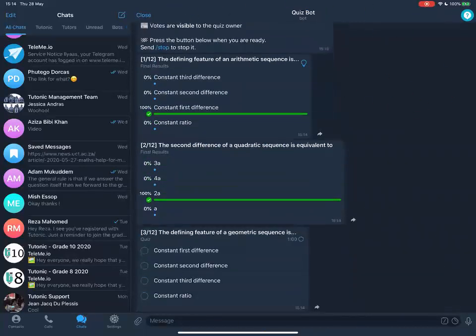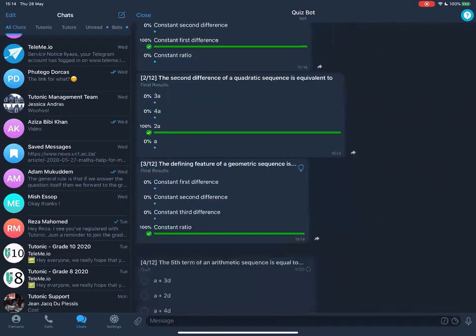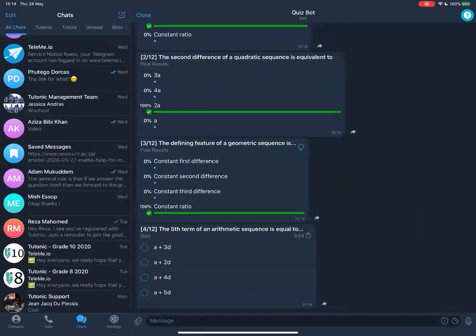The defining feature of a geometric sequence is a constant ratio. You're either multiplying or dividing. The fifth term of an arithmetic sequence is a plus 4d, because the general formula is a plus (n minus 1)d. If you sub in 5, it's going to be a plus 4d.